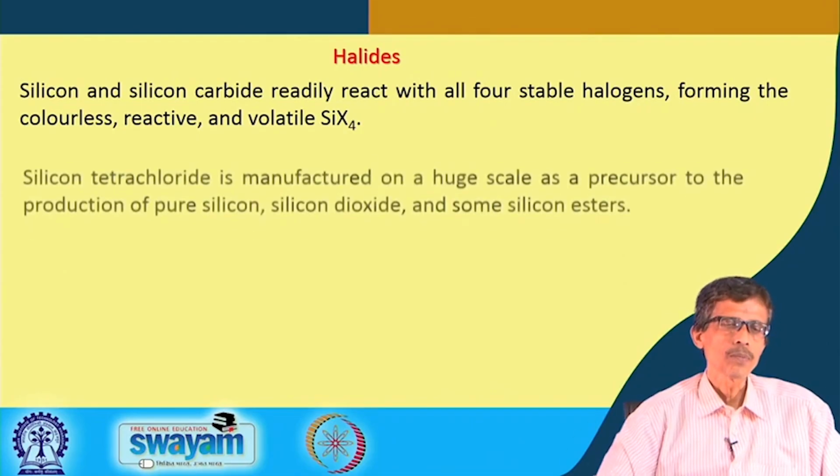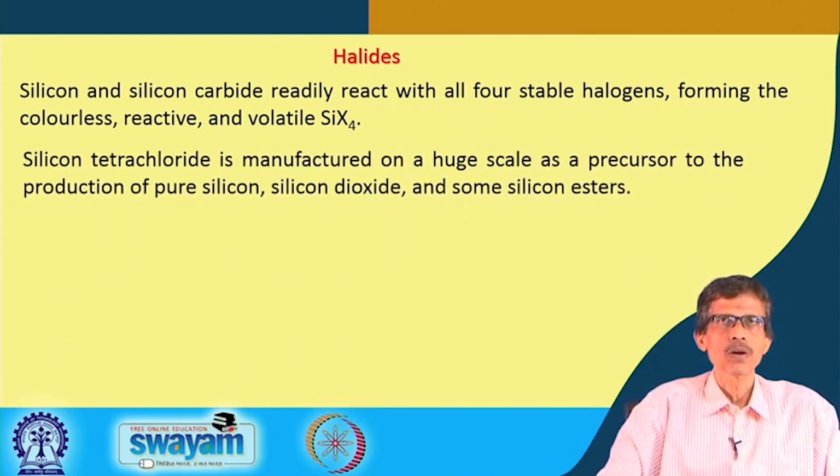So, we will see only some processes or methods where we can think of how we can manufacture silicon tetrachloride. It is basically for the production of pure silicon. The silane compounds can also be used for the production of only Si, pure elemental silicon, silicon dioxide and some silicon esters.